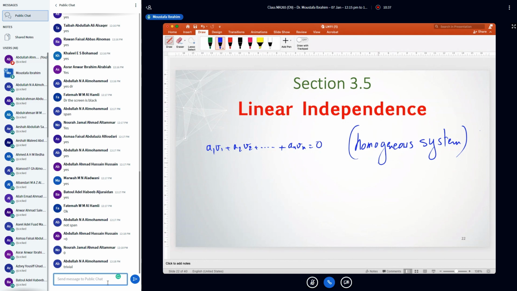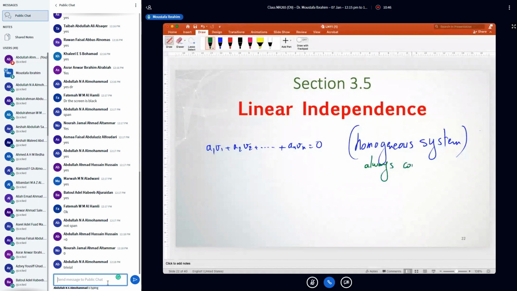It's always consistent. Always. So here it is always consistent, so it's different than span. We have two cases.